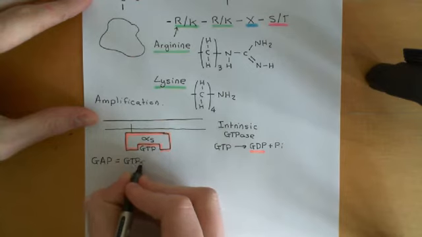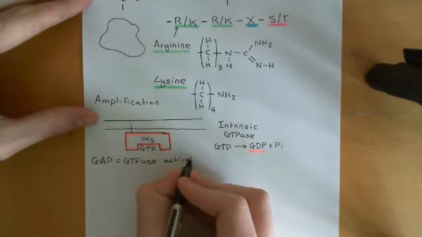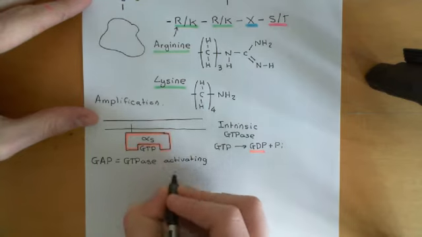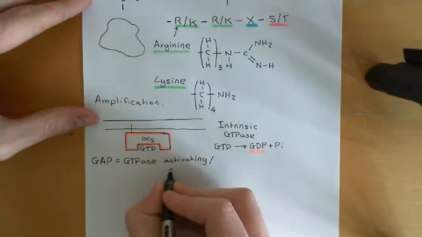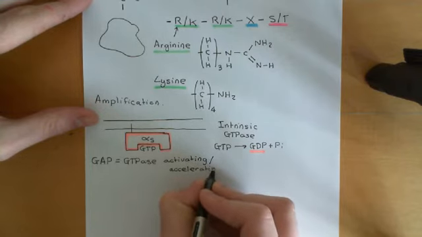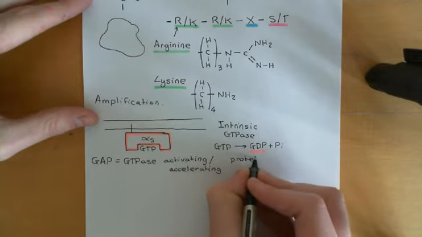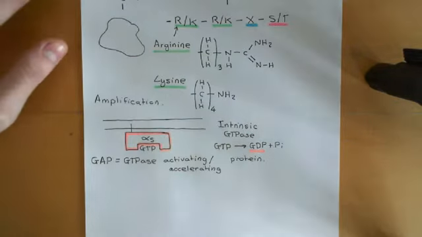So what does GAP stand for? GAP stands for GTPase activating, or you can say accelerating, whichever you want. People will use different words, but the meaning is the same. Protein. So a GTPase activating or accelerating protein.